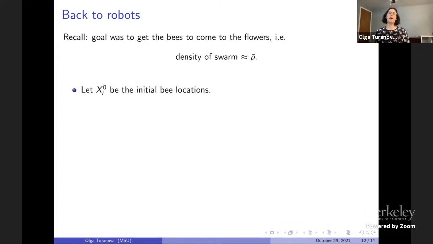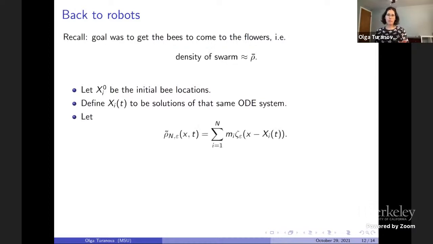So we take x0i to be the initial bee locations, define xi of t to be the solutions of the same ODE system, and let them evolve in that way, and let rho twiddle be this blob guy. Here epsilon represents the pollination radius, but also, as I said earlier, the sensing radius, where the bee can sense the values of rho bar and the presence of other bees.